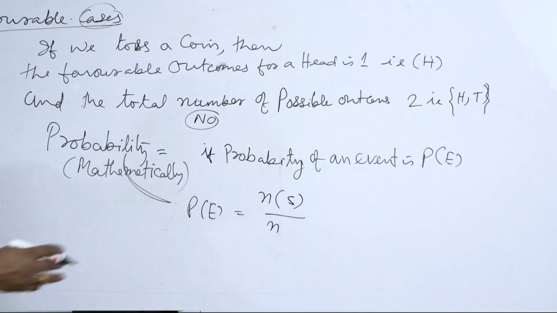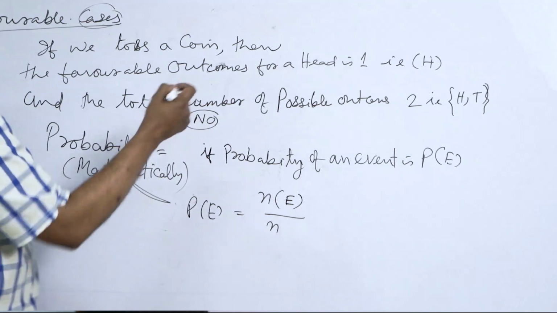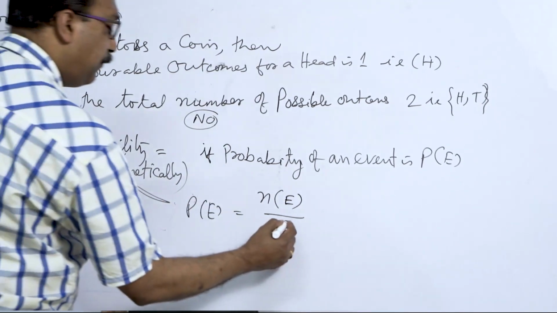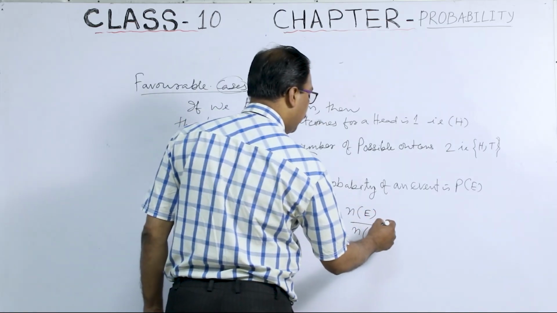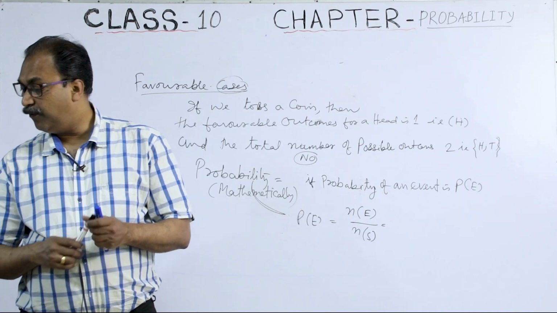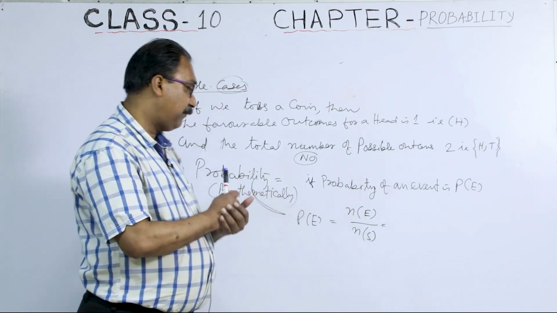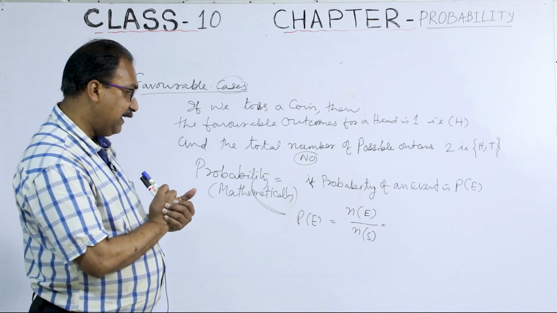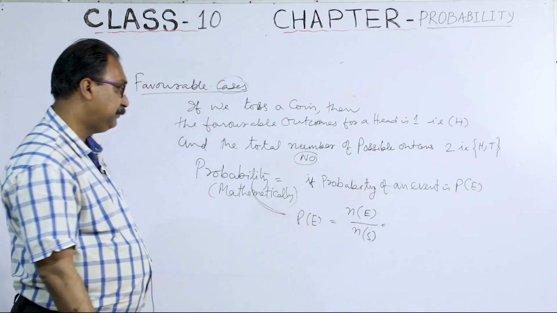That is, the number of outcomes in the event, only one event it is, and the total number of sample space. That is called the number of outcomes favorable to E, and the total number of possible outcomes.